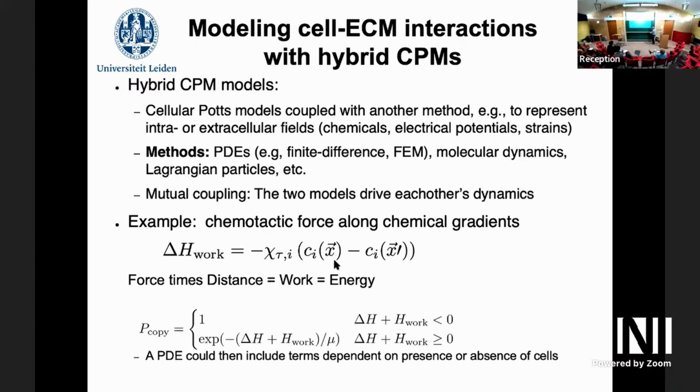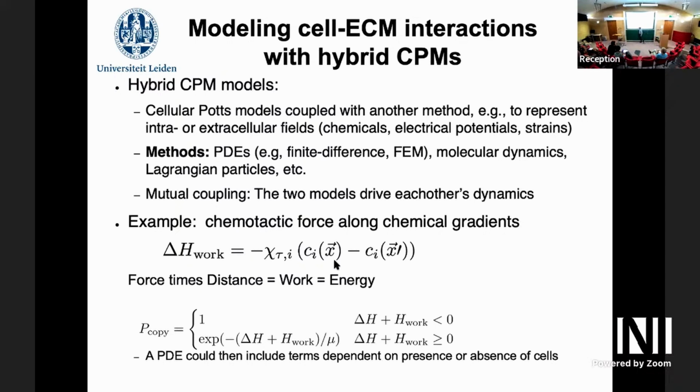Then this will generate exponential gradients around the cells in equilibrium, so in steady state. And then what we can do is add an extra term to this Hamiltonian, depending on the local gradient of this chemoattractant.